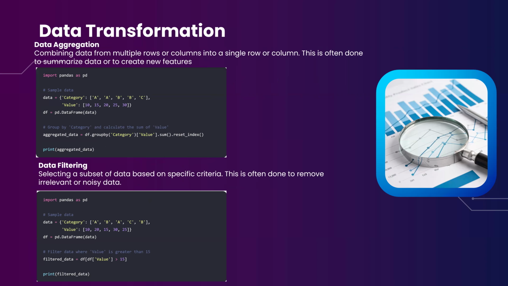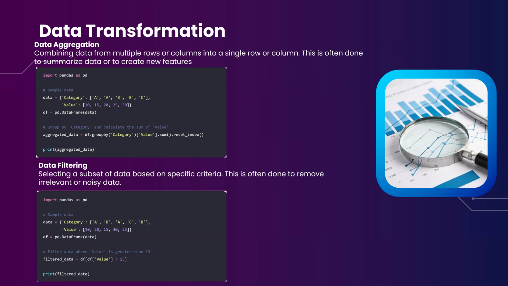Okay. Data aggregation. With that one, sometimes, especially when you are working with SQL, using the joins, left join, right join, those different types of joins, you can combine data from multiple rows and columns into a single row and column.